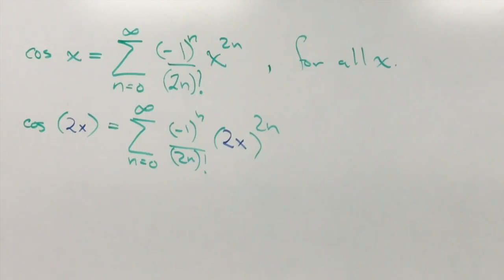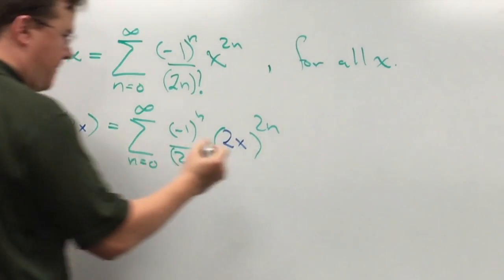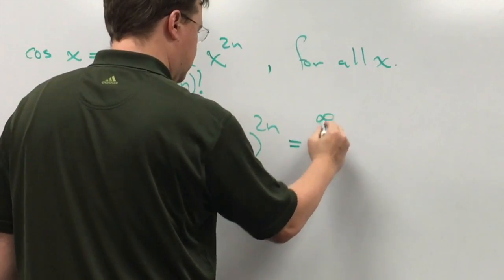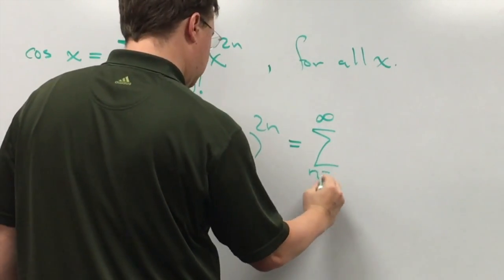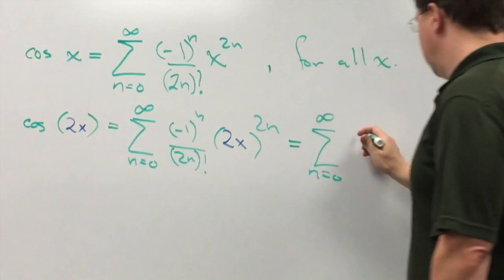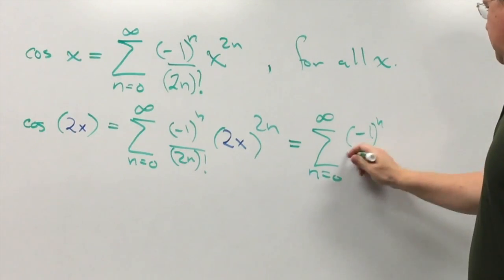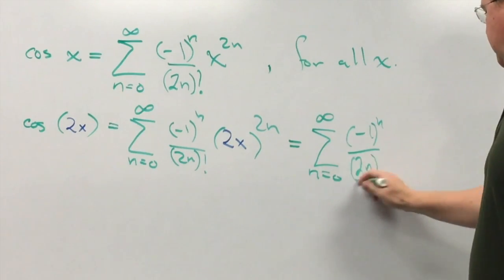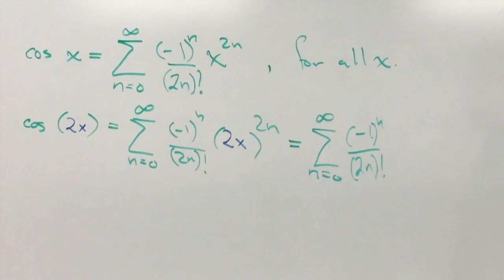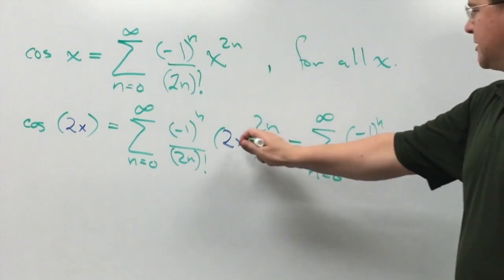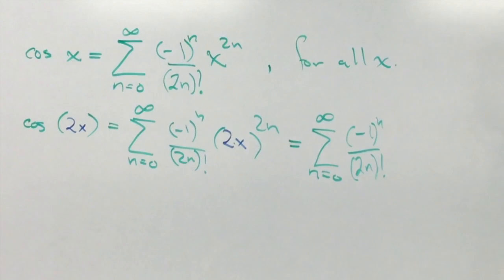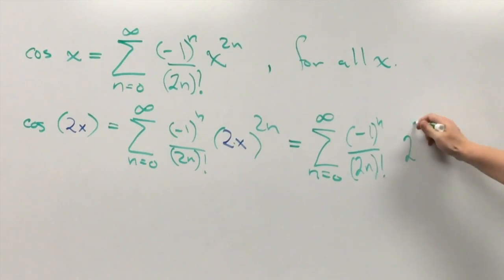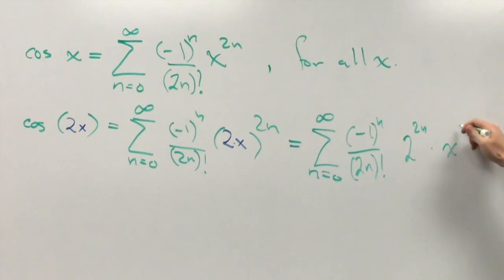Now since this is a product raised to a power, I can think of it as 2 to the 2n power times x to the 2n power.